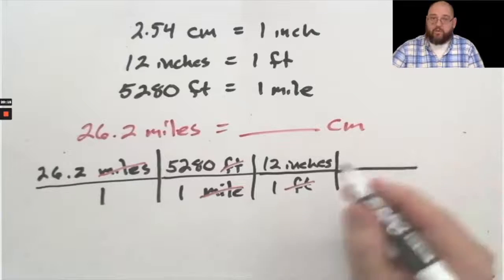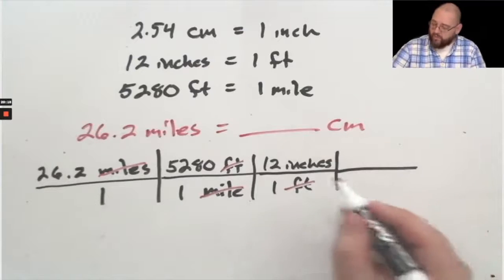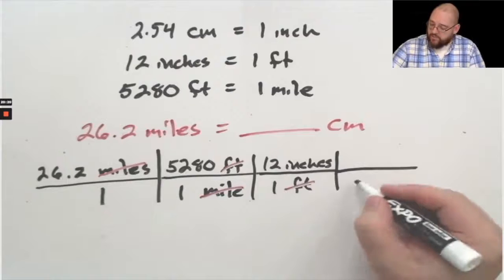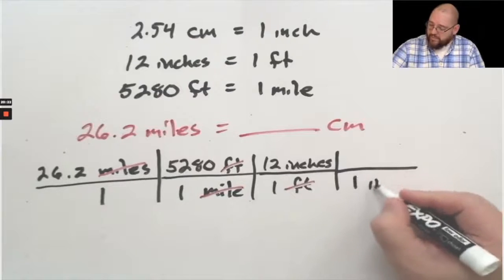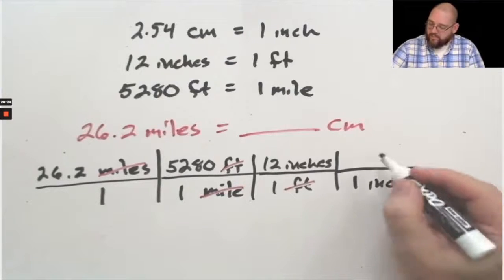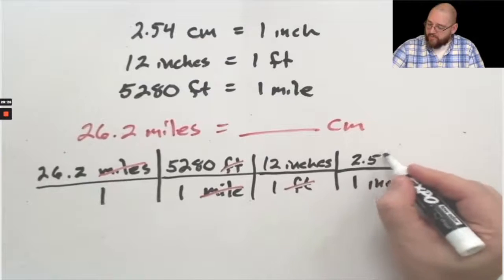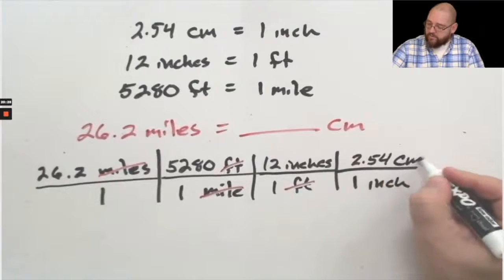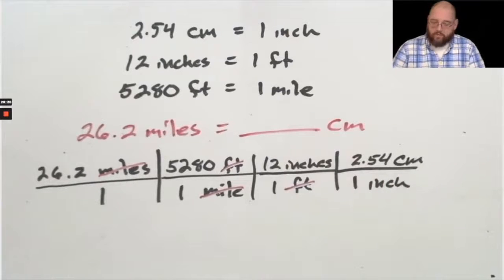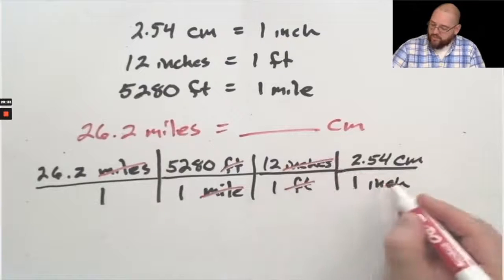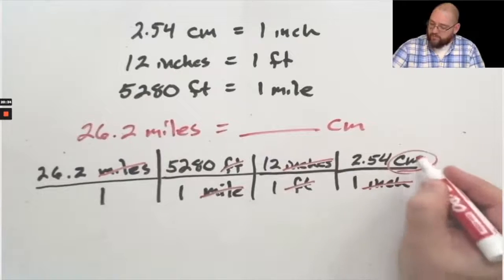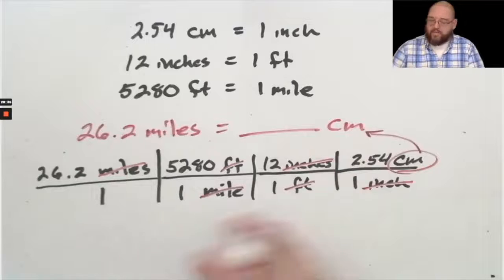So we just keep going until we get to the unit that we want. So 1 inch is equal to 2.54 centimeters. Okay, so now my inches have canceled out. I'm left with centimeters, which is the unit that I wanted. As soon as I get the unit I'm trying to convert to, I stop.